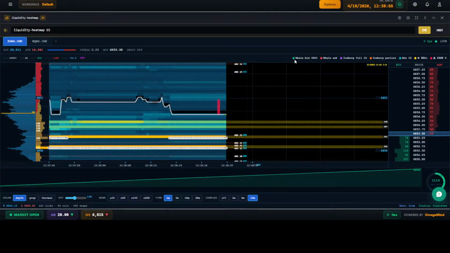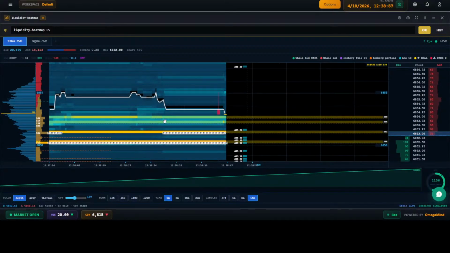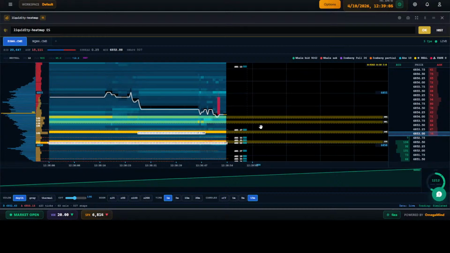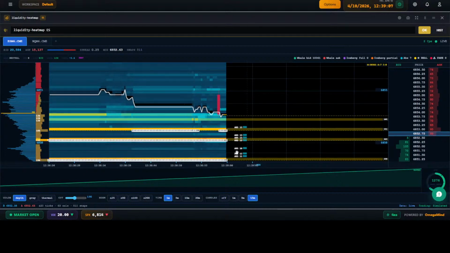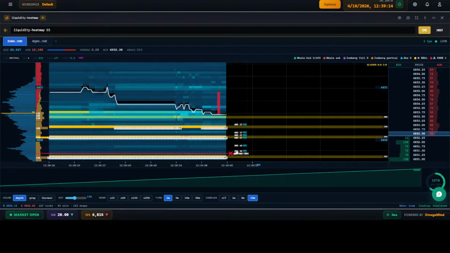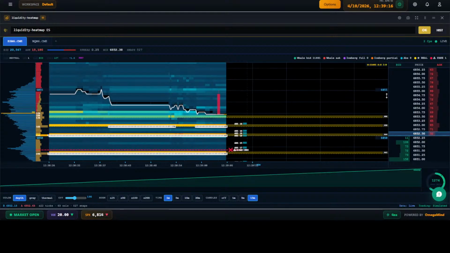Okay, and then this is the whale bid. So this tells you, take a look here. It's the real time of what happened on the market, right there.